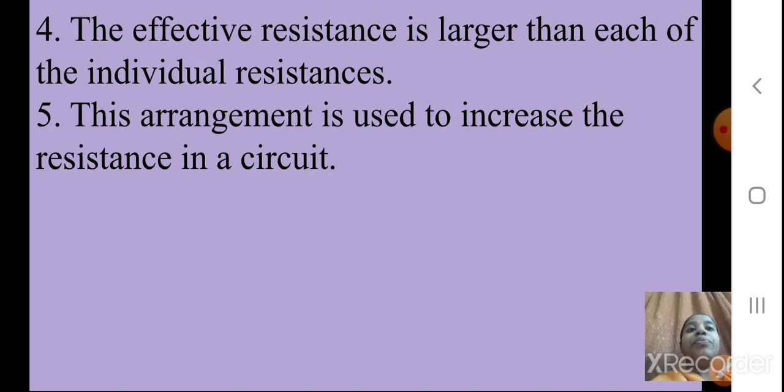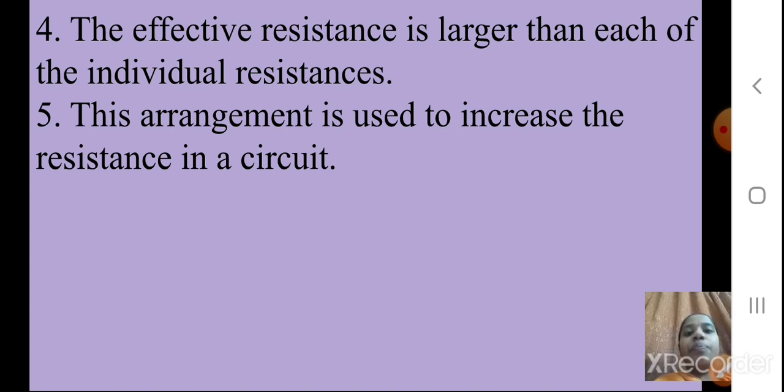Then the effective resistance is larger than each of the individual resistances, meaning the RS value will always be larger than the R1, R2 or R3 value. Did you understand this? Then this arrangement is used to increase the resistance in a circuit.